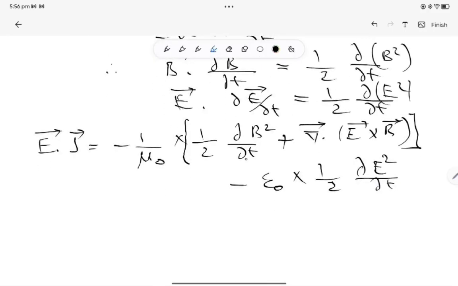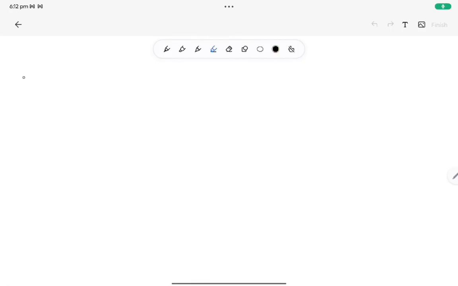Next, what I do, I group these two terms at one place. I write, therefore, E dot J is equal to minus 1 by 2, this is common to E square and B square terms. Further, del by del t is also common to the two terms.